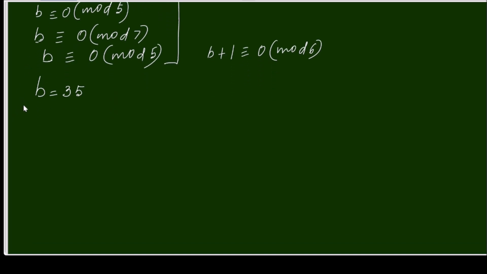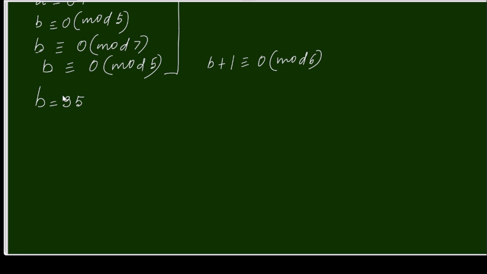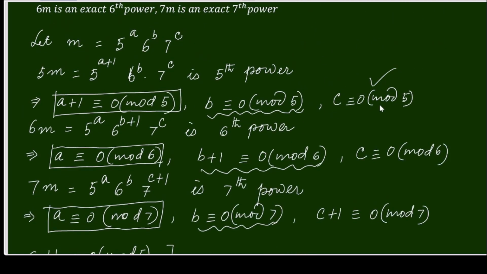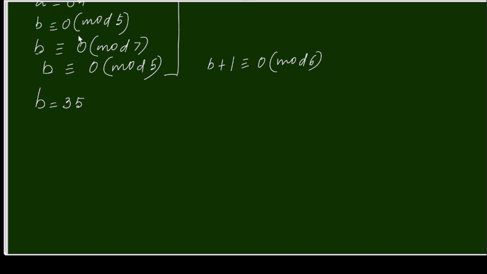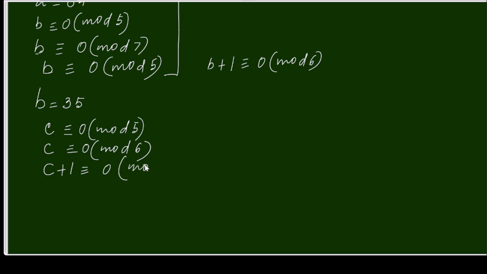Now coming to c. From the first expression, c is 0 modulo 5, c is 0 modulo 6, and c plus 1 is 0 modulo 7. I'm sorry, I said it wrongly. So now you have to analyze these three.